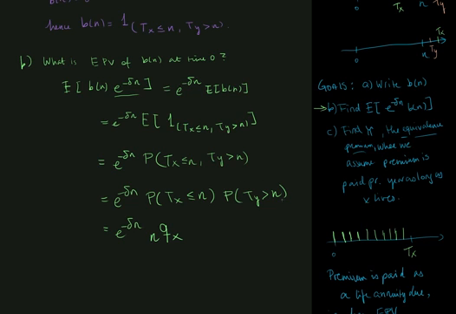And what we have here is the probability that the remaining lifetime of person Y is greater than n, and that is the conditional probability of survival for a y-year-old past the next n years.